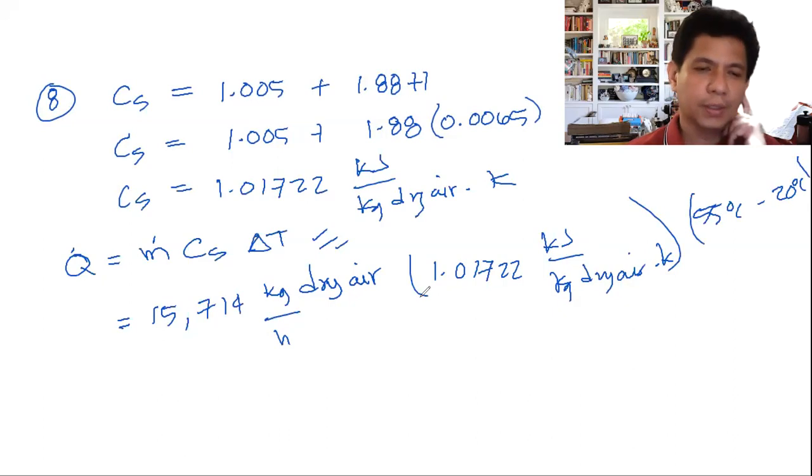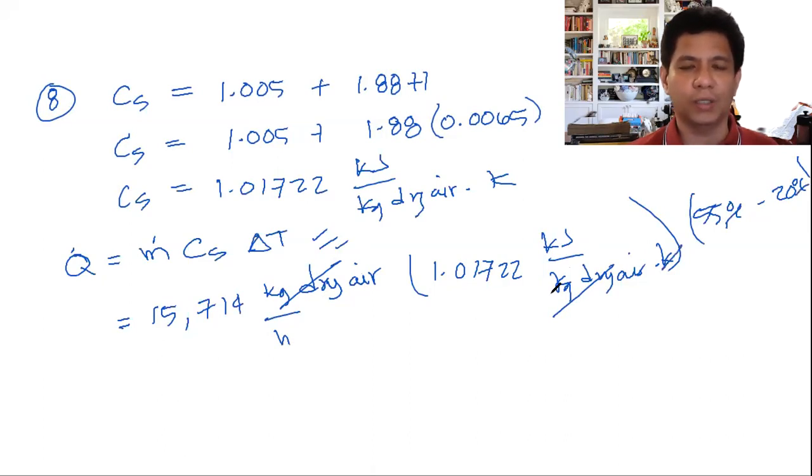So the problem here is the hour, because look, the kilograms will cancel. Then the Kelvin and degrees Celsius, you can cancel. The conversion of degrees Celsius and Kelvin, when it's a range, just cancels out. So you can cancel the K and the degrees Celsius. So it's kilojoules per hour. You saw the choices earlier, they were in kilowatts.